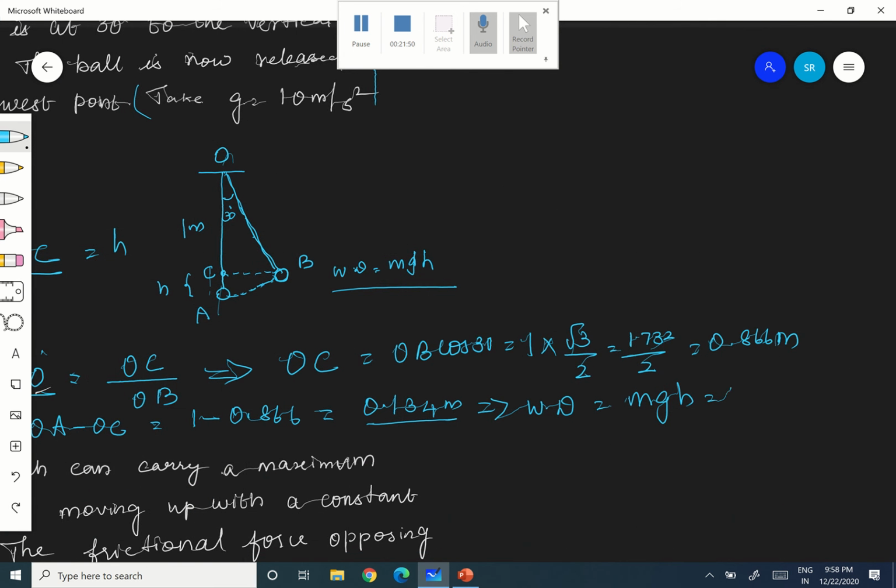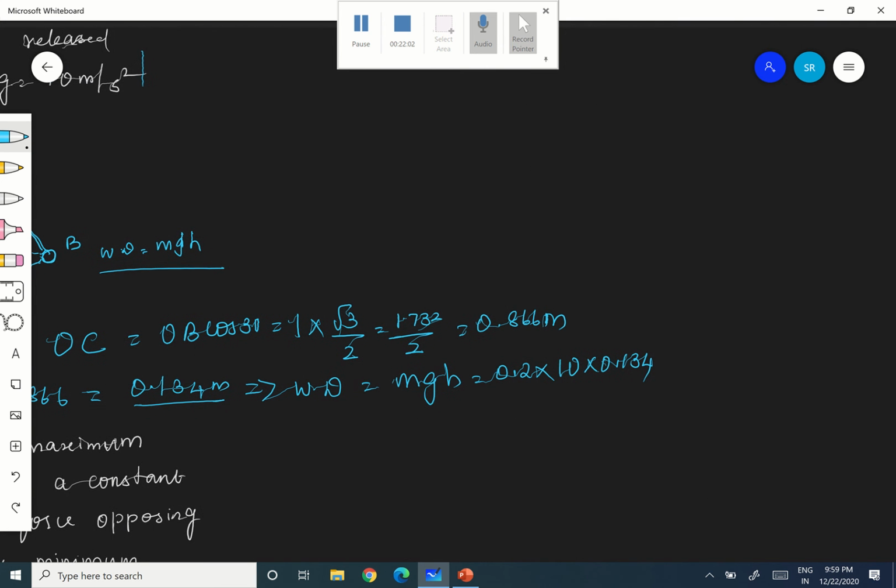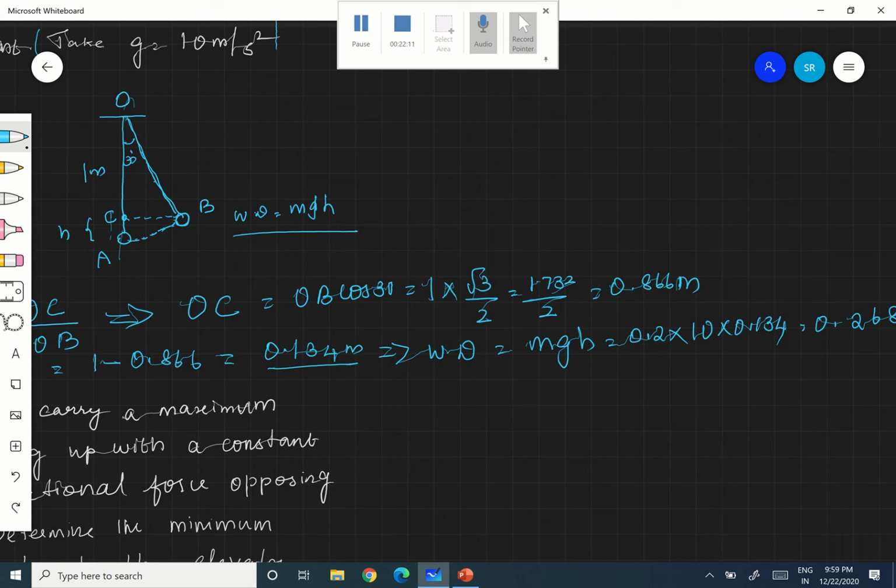So it is 0.2 into G. You are asked to take G as 10, into 0.134. Therefore, what is the answer? That is nothing but 0.268 joule. Therefore, the work done is 0.268 joule. Are you following?